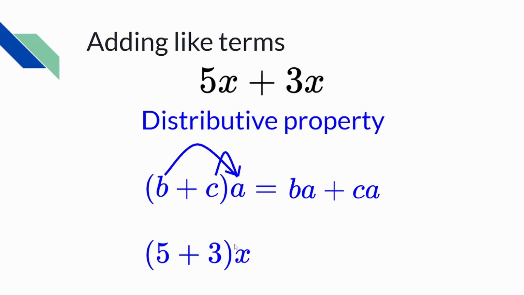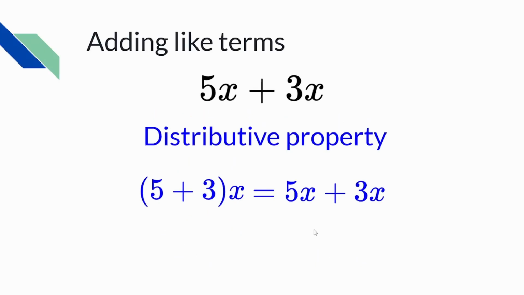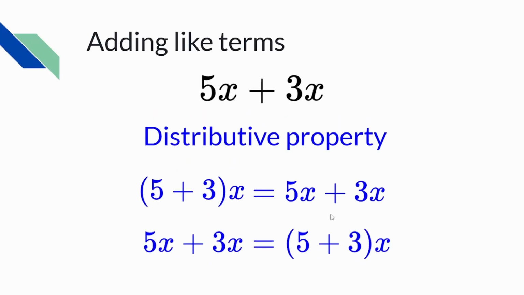Say I have 5 plus 3 times x. This new version of the distributive property that we derived says take the 5 and multiply it by the x, and take the 3 and multiply it by the x, and add the results. So what I have here by the distributive property is going to help me add like terms.